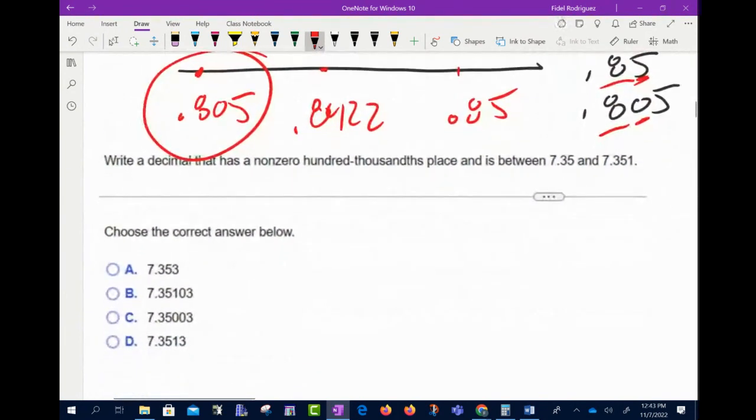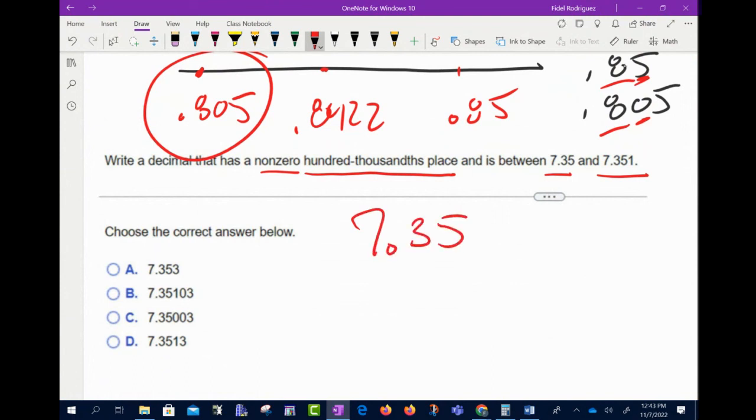Okay, so the next part here, y'all, says write a decimal that has a non-zero hundred thousandths place and is between 7.35 and 7.351. Okay, so again, this is what I would do. I'd go like this, 7.35. Remember, that's tenths, and that's hundredths, right?